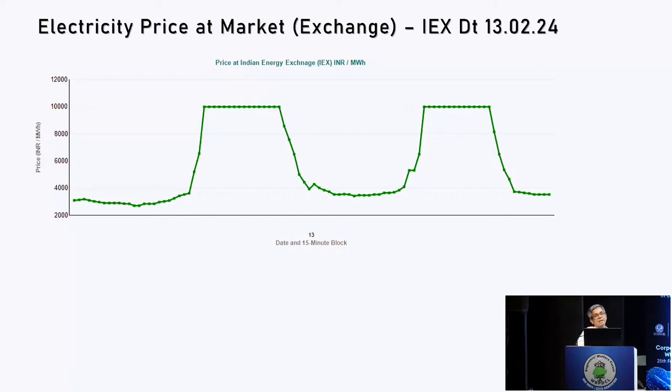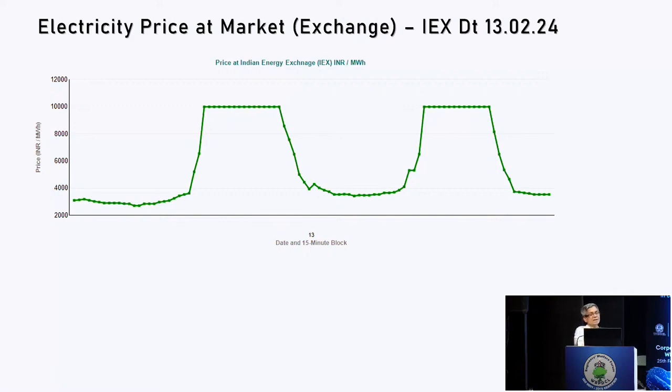Now the rate of electricity in the market changes every day, every time. During morning hours, it touches 10 rupees, that is the cap. During daytime, it is as low as say 2 rupees or 2 rupees 50 paise. Again, during evening hours, it touches 10 rupees.